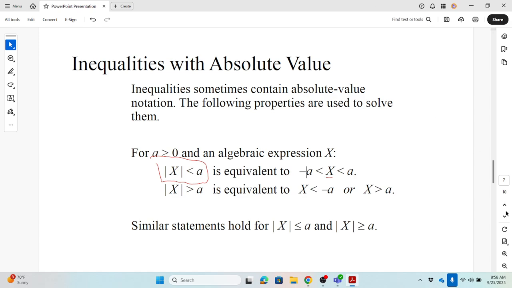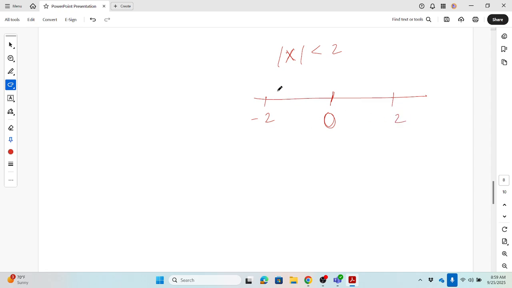The absolute value of x less than 2 means you want to find something which is less than 2 distance from 0. It could be anything from here, it could be anything from here. That's the reason that x could be anything in between -2 and +2.